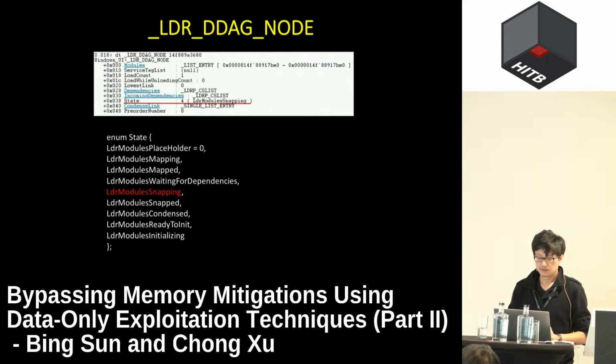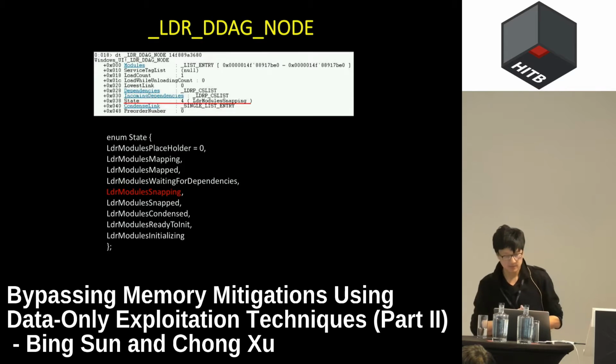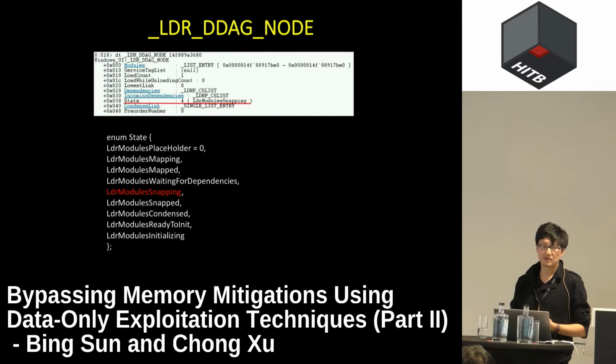At offset hex 38 of this structure, there is a field called state. And the function LdrpProcessWork will determine what kind of work to take to process according to the value in this field. In this case, the state is 4, which stands for LDR module snapping.